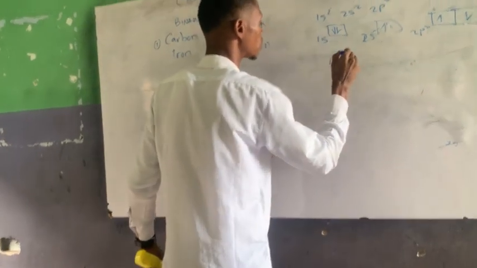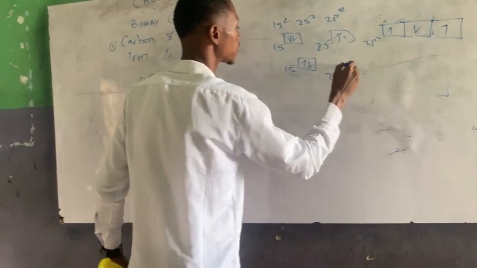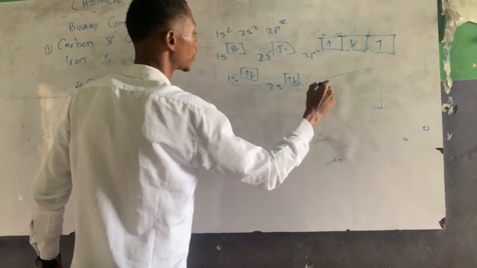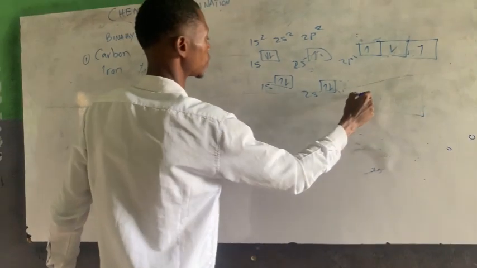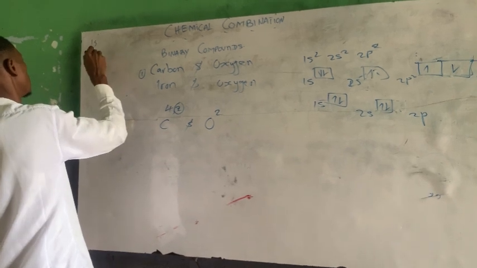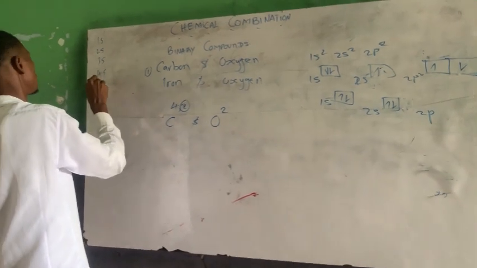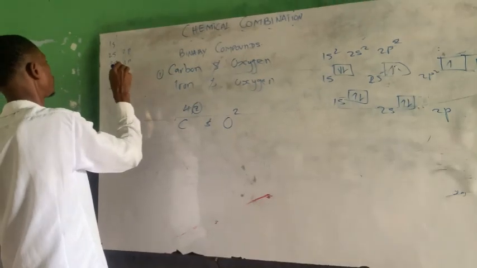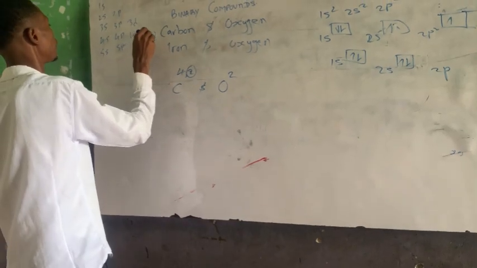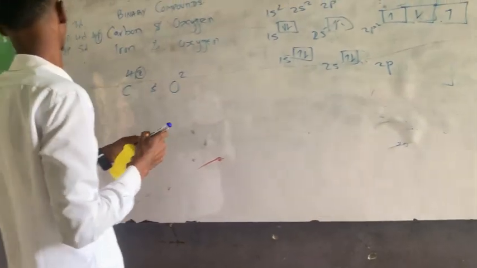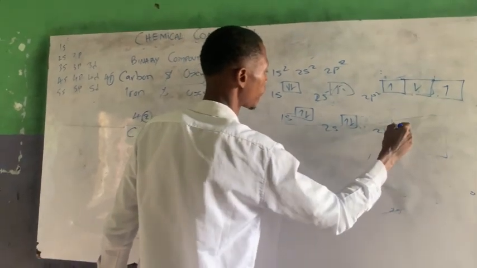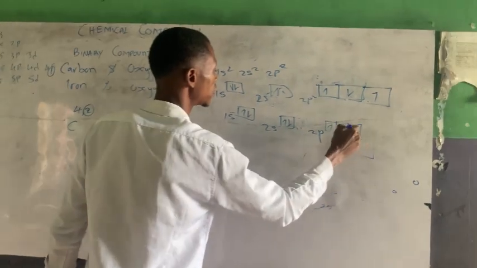Oxygen is number 8, so we have 1s2, 2s2, 2p4. Using the filling order 1s, 2s, 2p, 3s and so on, this is the 2p for oxygen: 1, 2, 3, 4, 5, 6, 7, 8.